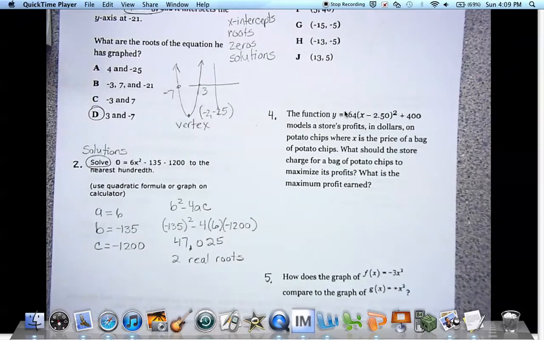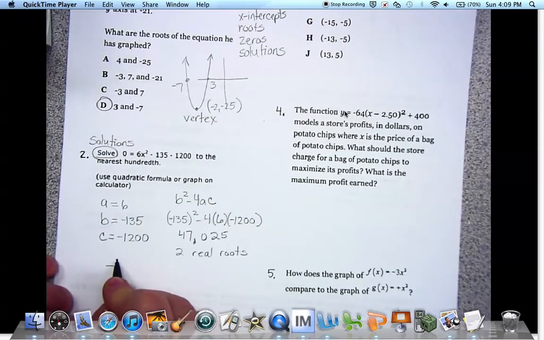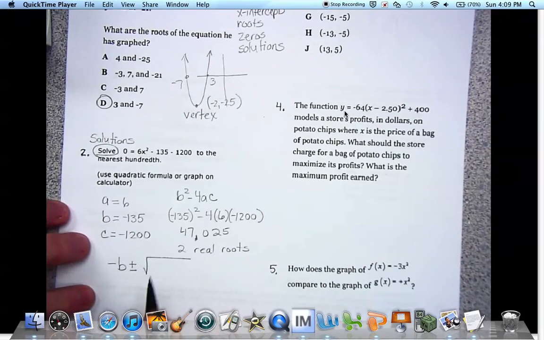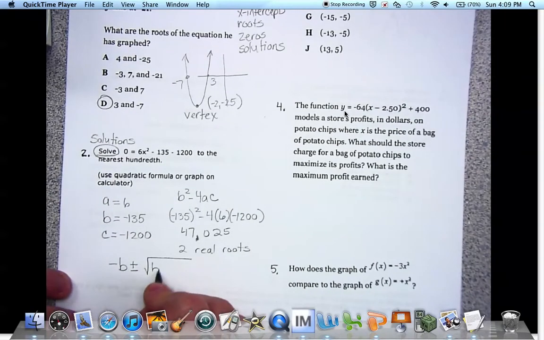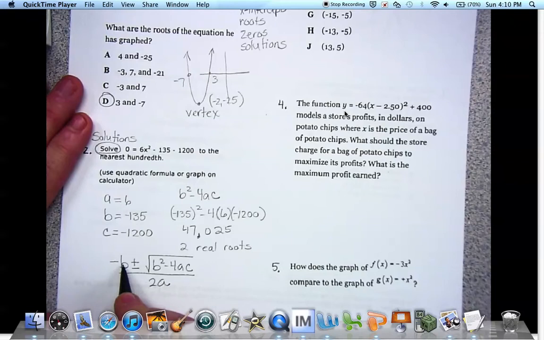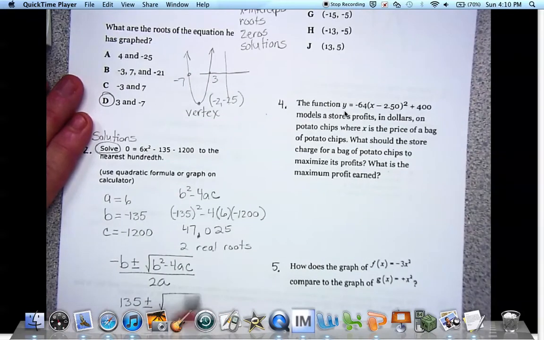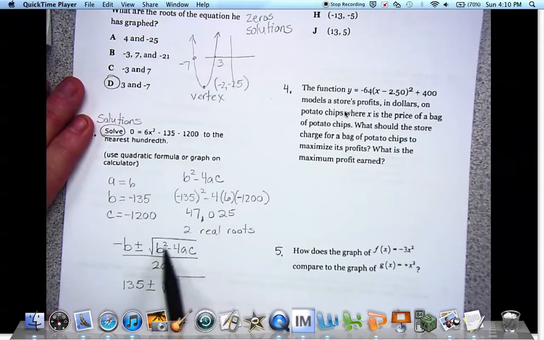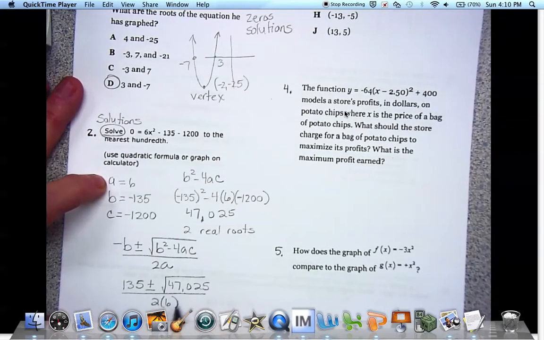Now we're going to use the quadratic formula, which is on your formula chart that you will use on your test: negative b plus or minus the square root of b squared minus 4ac, over 2a. The opposite of b is 135, plus or minus the square root of b squared minus 4ac, which we know is 47,025, divided by 2 times a, which is 6.